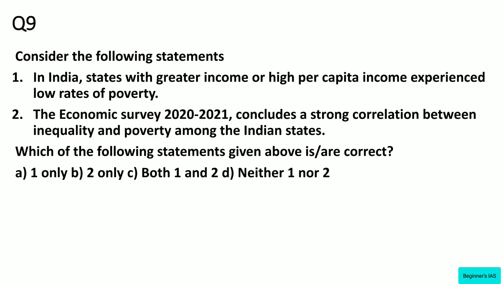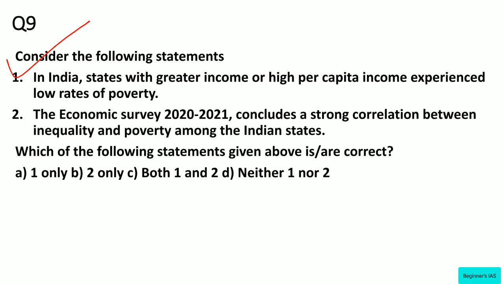See, according to the Economic Survey, the data for 4 years, that is 1993, 1999, 2004 and 2011, suggest a negative relationship, which implies that states with greater income or higher per capita income experience a low rate of poverty. Therefore, this statement is right.